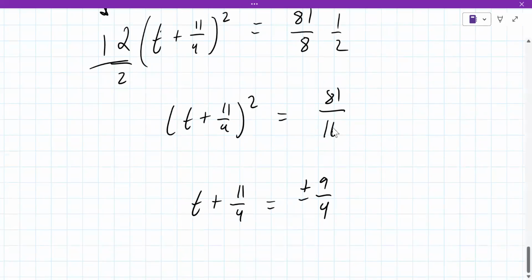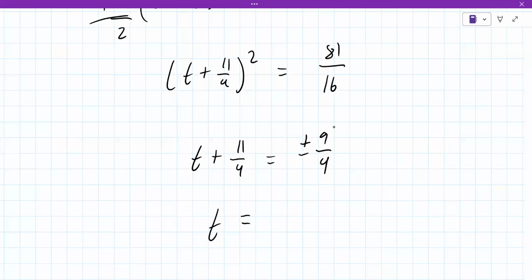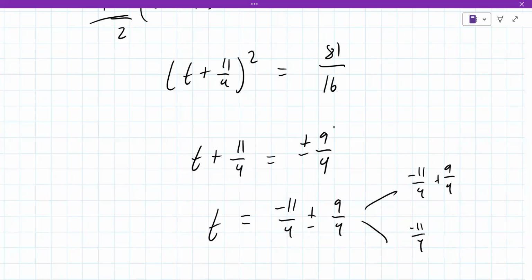Okay, so the next thing here is to perform the two computations: minus 11 over 4 plus 9 over 4, and minus 11 over 4 minus 9 over 4. So then I got the same thing as you did, -1/2 and negative.